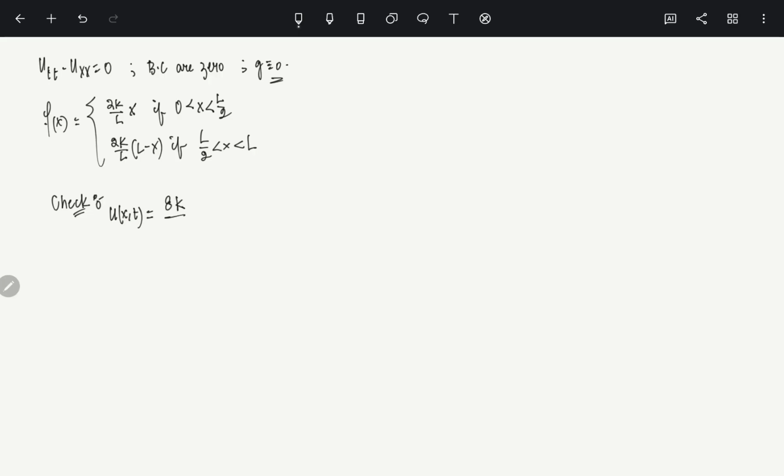It is 8k by pi squared, times 1 by 1 squared sine of pi by L times x, cosine of pi c by L times t, minus 1 by 3 squared sine of 3 pi by L times x, cosine of 3 pi c by L times t, and it will go on like this. It's a very nice form.